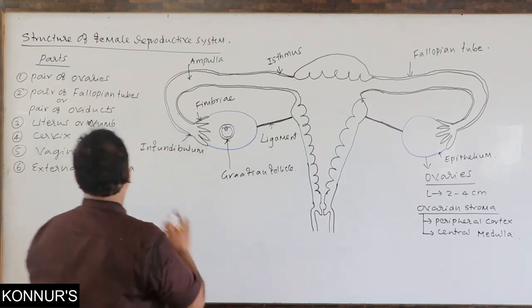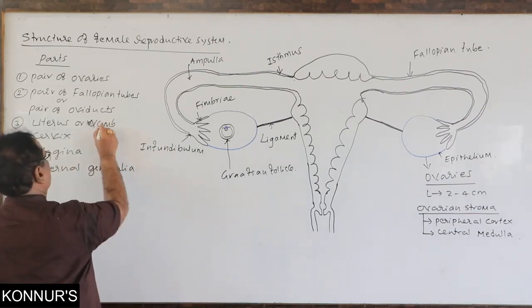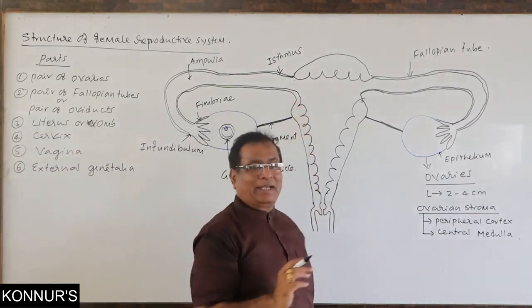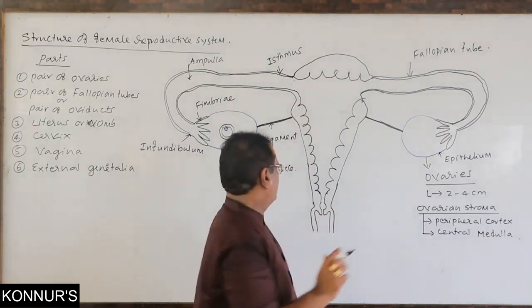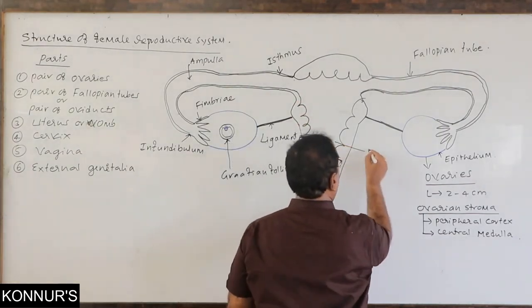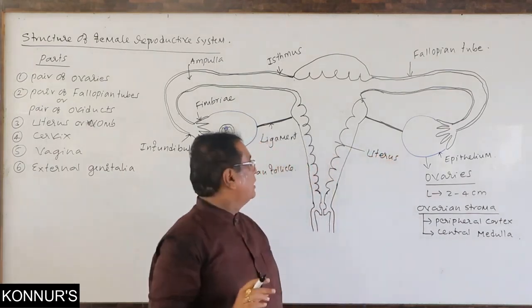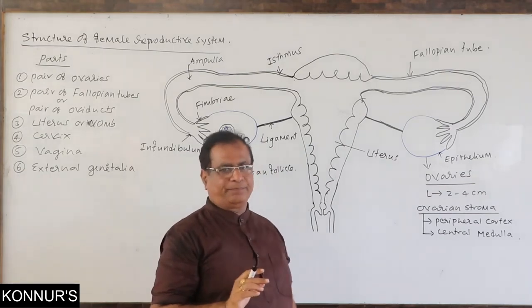And this womb is triangular in shape. This is the uterus.